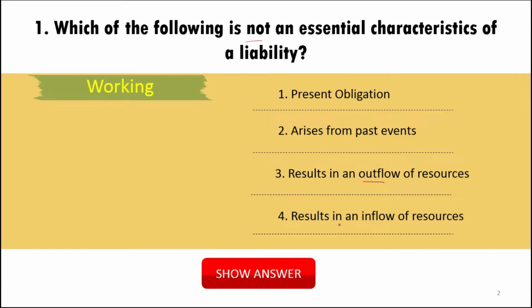Will it result in an inflow of resources? No. A liability does not result in an inflow of resources. So the correct option will be the fourth option, because it is asking which is not an essential characteristic.